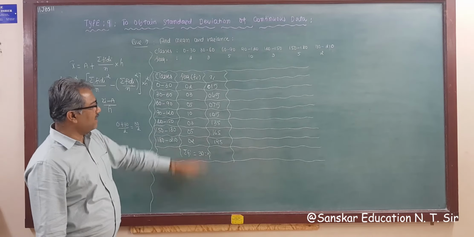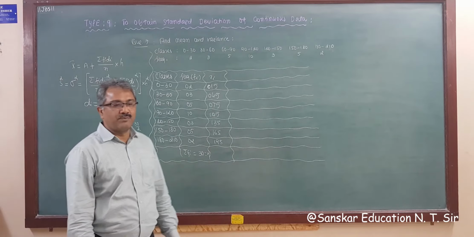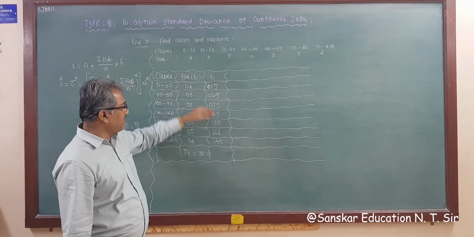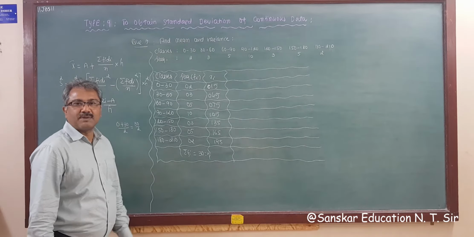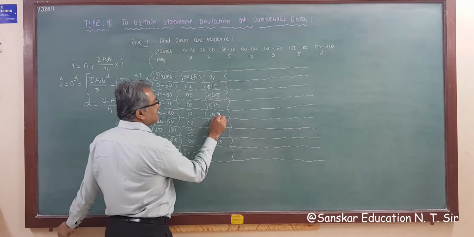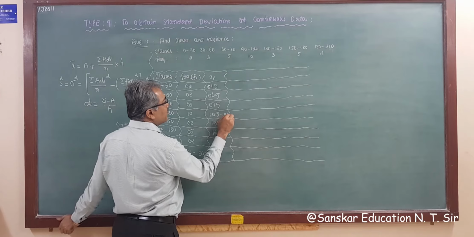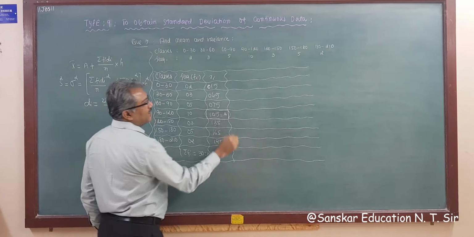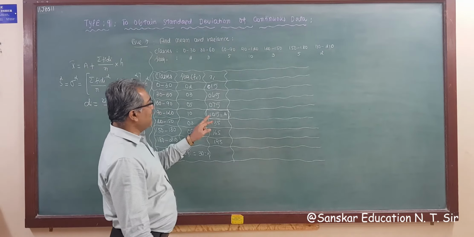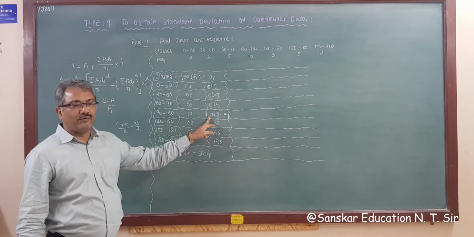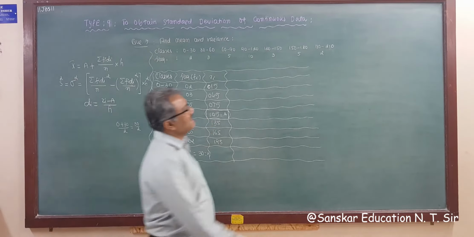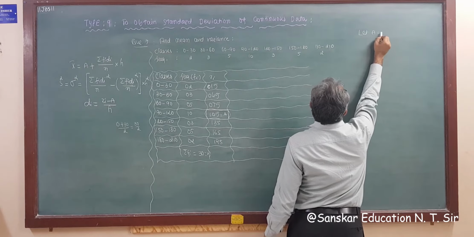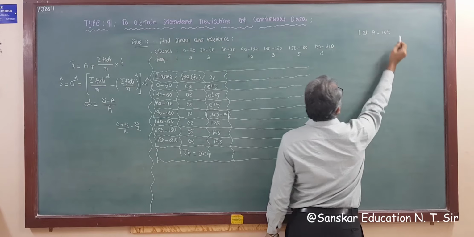So among all these observations, you have to assume one mean. We generally assume a middle number. So suppose we assume that this 105 is your assumed mean. So we assume A is equal to 105.